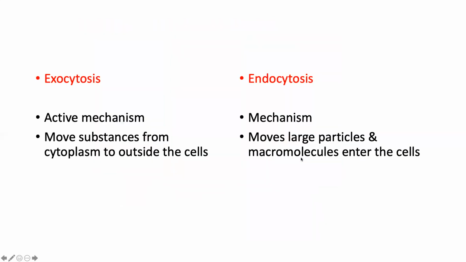And now we also need to talk about exocytosis and endocytosis. Exocytosis is an active mechanism. Exocytosis means moving substances from inside of the cell out. And endocytosis means taking substances from outside of the cell into the cell, inwards.